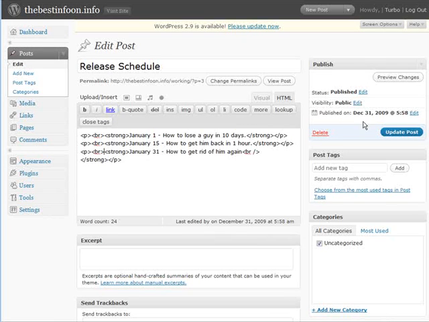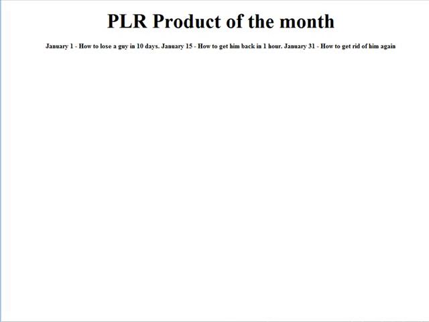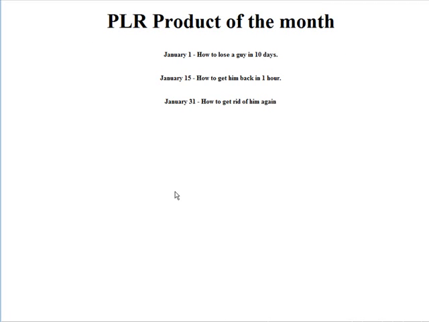Like so. Update. Let's refresh this now. And there you go. So you need to make sure you put the line breaks in there like I showed you, and everything will work fine. So that's how you can use a WordPress database to populate a regular web page.